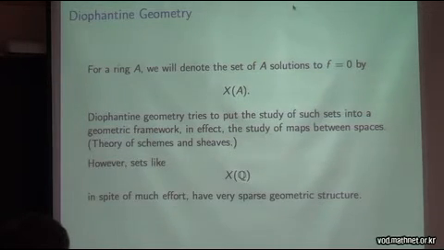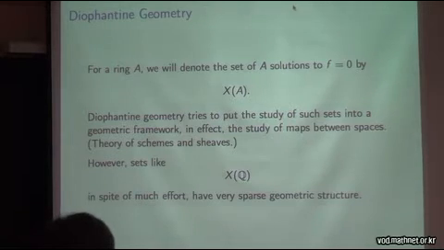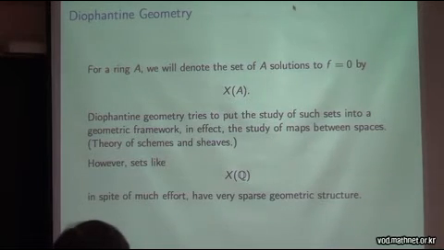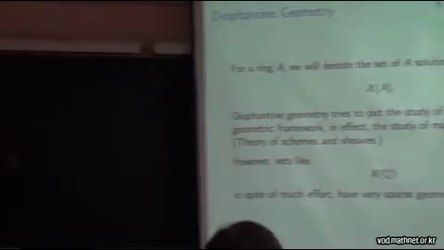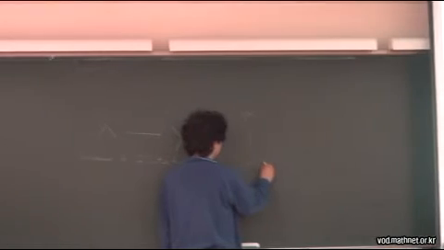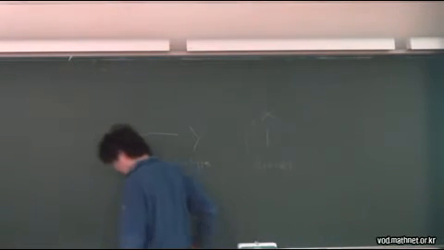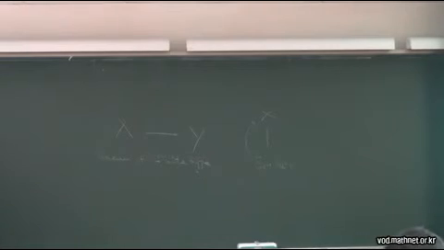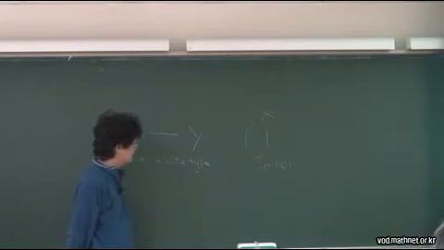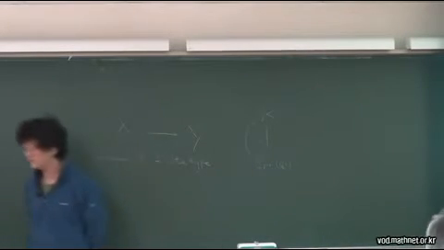But the difficulty is that if we look at sets like rational solutions or integral solutions and so forth, for example, if you have a variety defined over Q, you're viewing a rational point as just being a section of a fibration, and this is philosophically a useful view, but it's very hard still to think about this in a geometric way, in spite of Grothendieck's foundations.